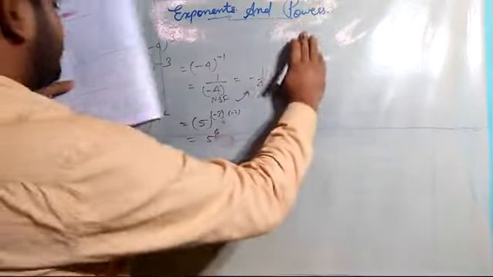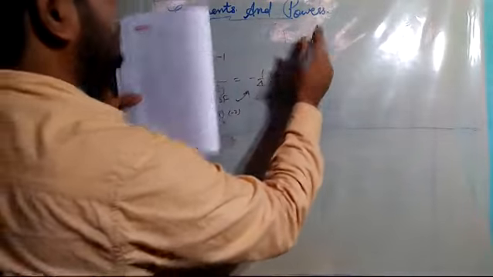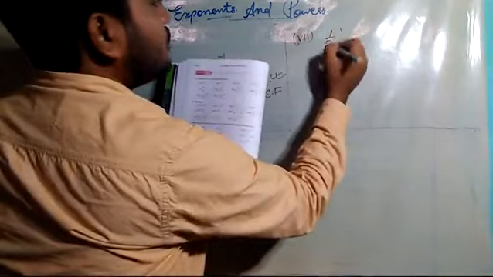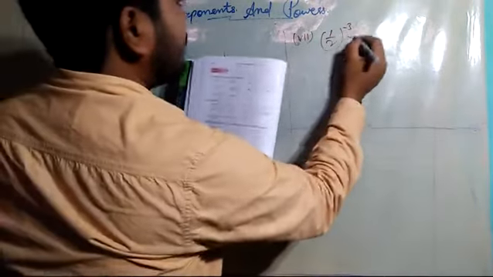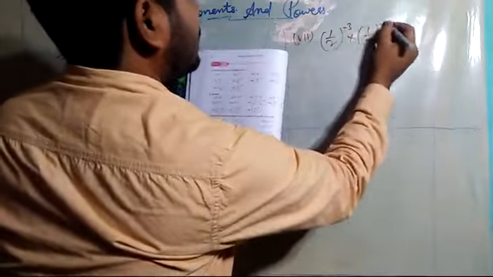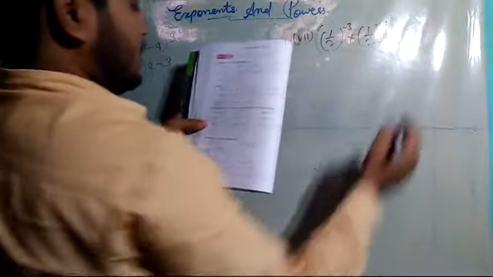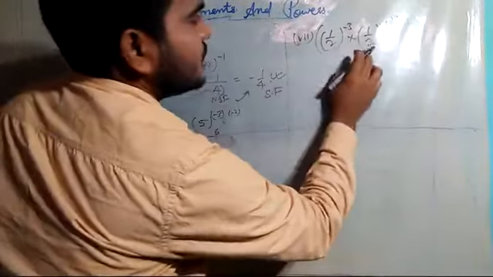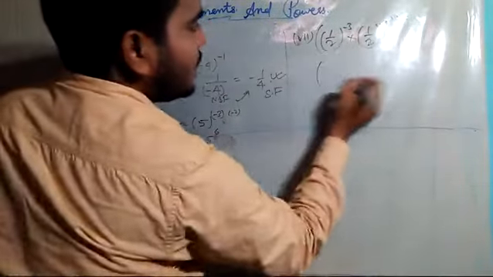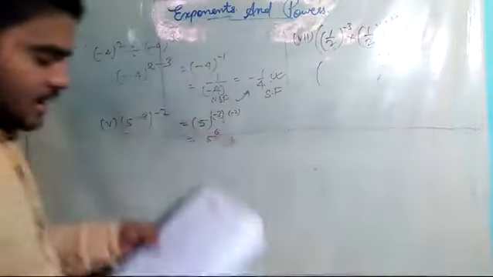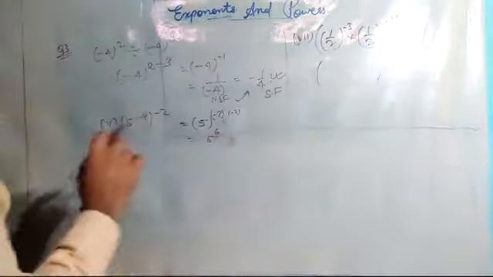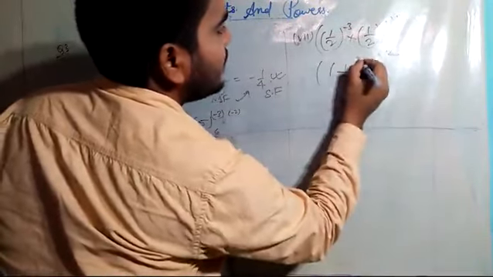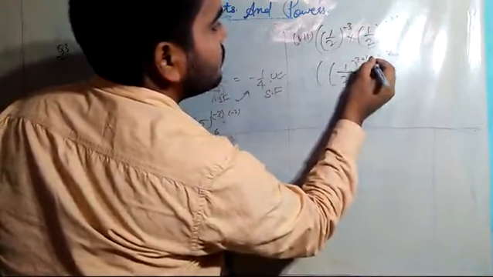Now go for question number 3, subpart 7. They are saying (1 by 2) raised to the power minus 3 multiplied with (1 by 2) raised to the power minus 4, and then you have the power 2. See the bases here, the bases are the same. So the outer part I will write as it is, and here I write 1 by 2, the same base, and I can add the powers, minus 3 plus minus 4.